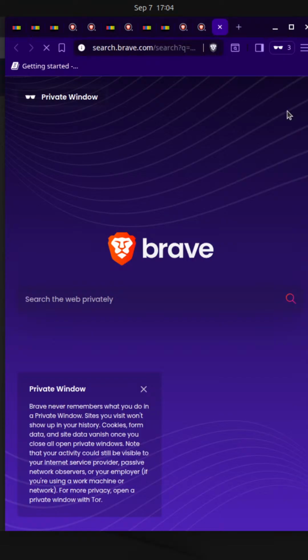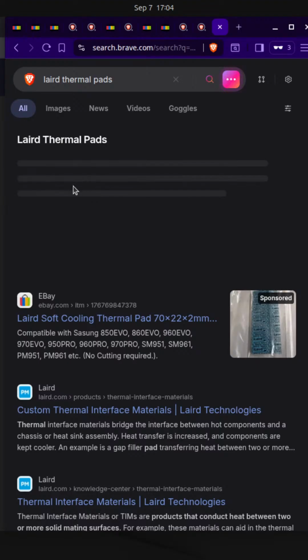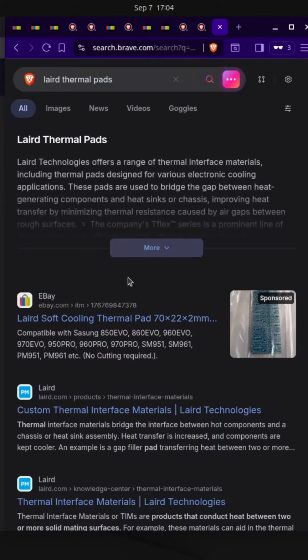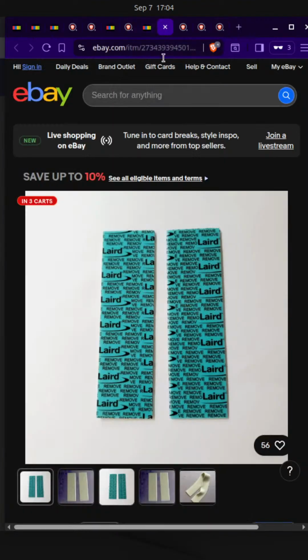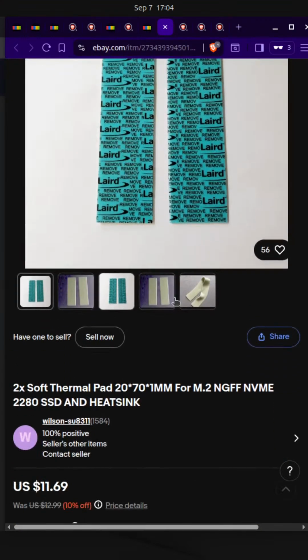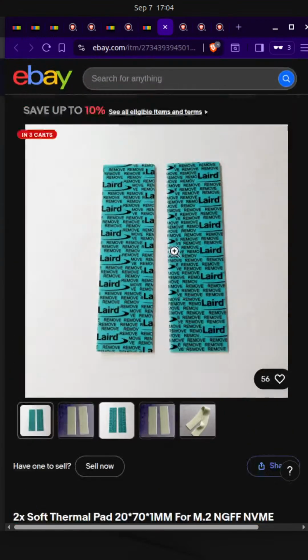My SSD gets too hot and then it dies. It's no good. I think I'm just gonna get one though, cause I'm over it.